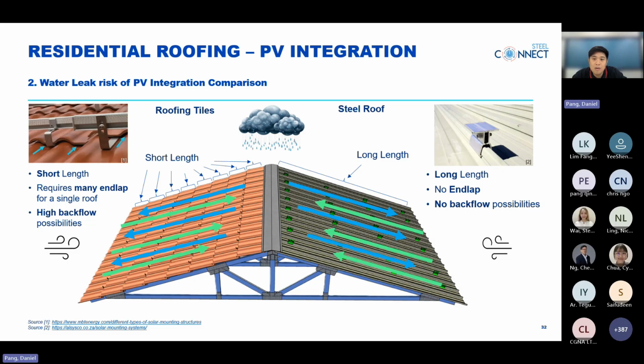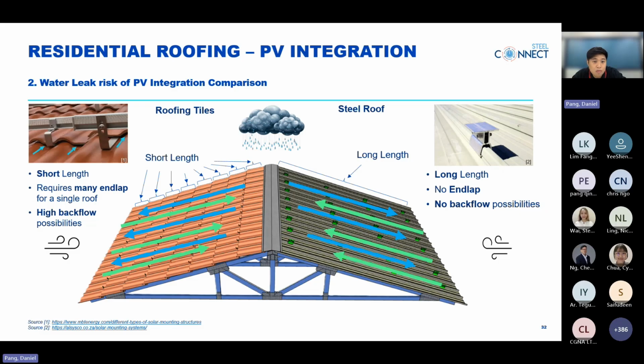And over here, we want to simulate something we call a backflow. Roofing tile, as you can see here, has a short length, which requires many end laps. This end lap creates gaps between the tiles when installed with special hooks. So this creates a high backflow possibility.